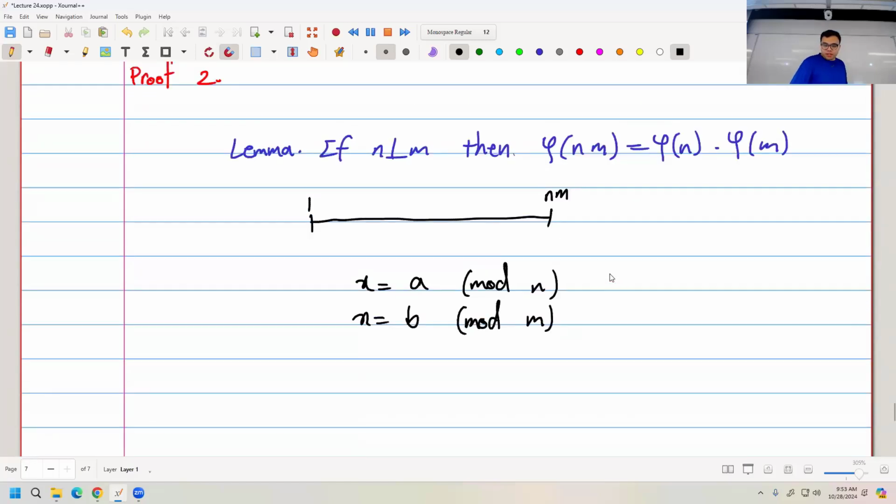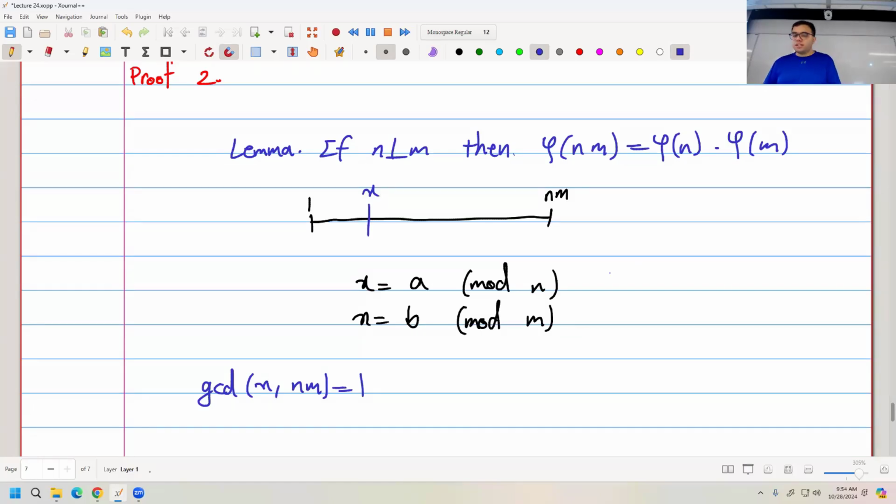But which solutions do I want? I want to count the number of x's such that the GCD of x and nm is 1. But what does that mean? That means that the GCD of x and n should be 1, and the GCD of x and m should be 1.